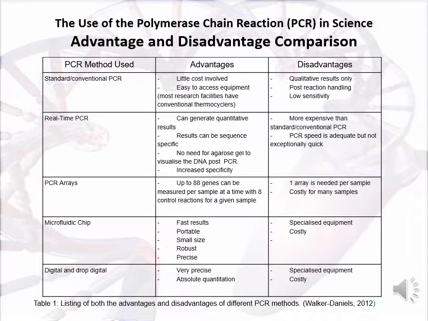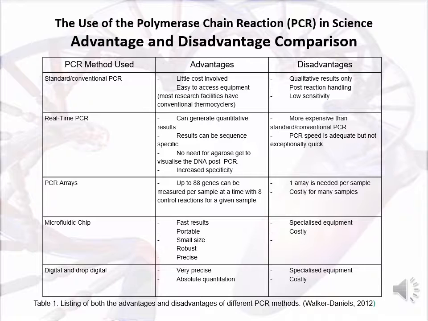Polymerase chain reaction arrays. Some advantages include that up to 88 genes can be measured per sample at a time, with 8 control reactions for any given sample. Some disadvantages include that one array is needed per sample and it's costly for many samples. Microfluidic chip.